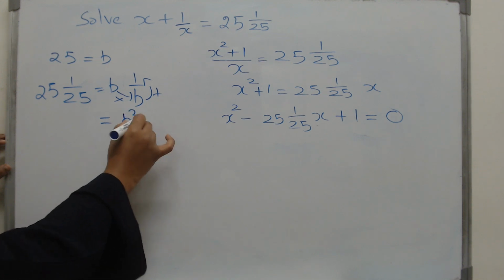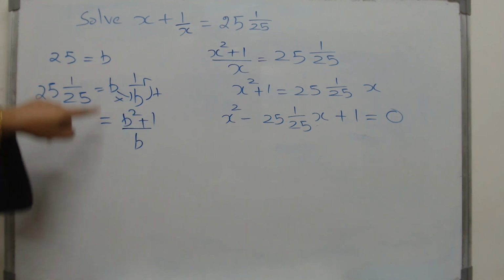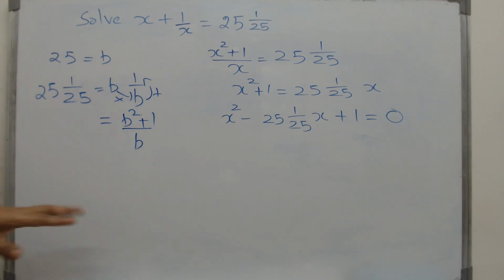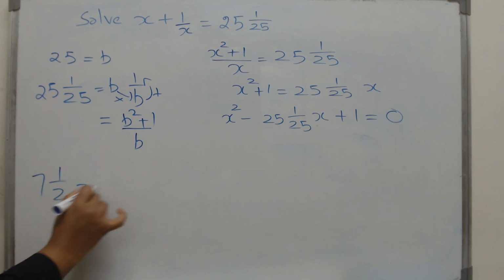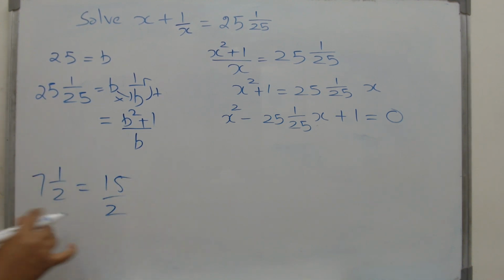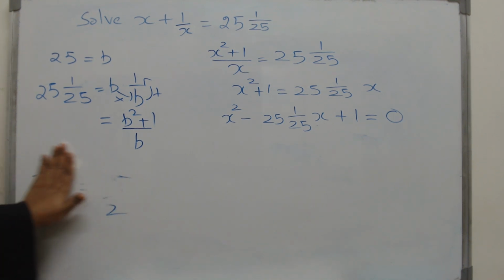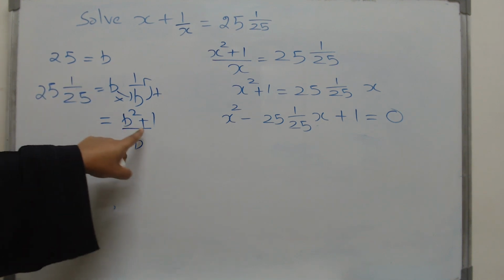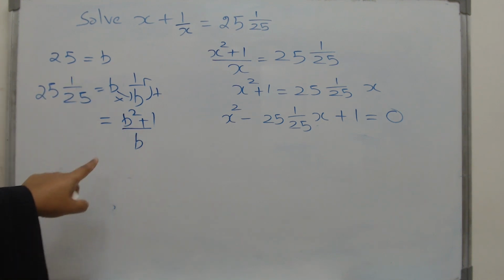This is how you change a mixed fraction into a proper fraction. For example, how do you change this? This is 15 by 2, right? The same way, but instead of numbers, we are dealing with alphabets here. So, instead of this whole thing, you have got b square plus 1 by b.